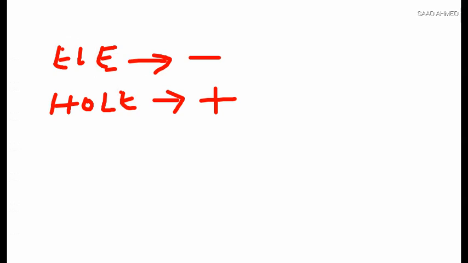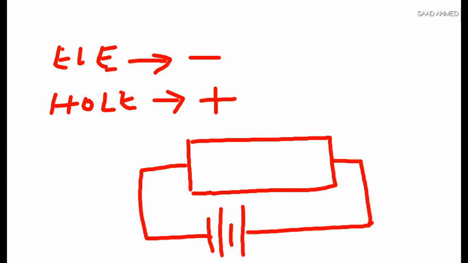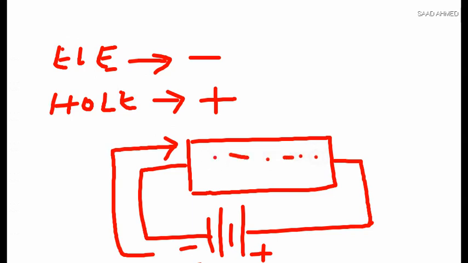If you look at a piece of semiconductor connected to a battery, this is the positive terminal, this is the negative terminal, and electrons will start moving from negative to positive, flow through this, and be attracted by the positive terminal and complete the circuit.